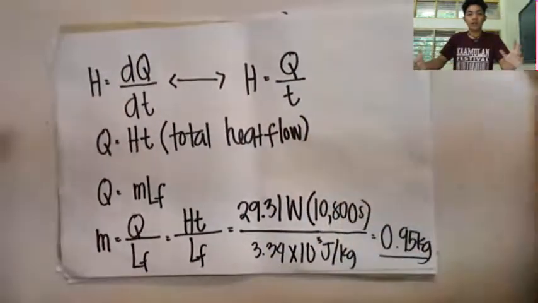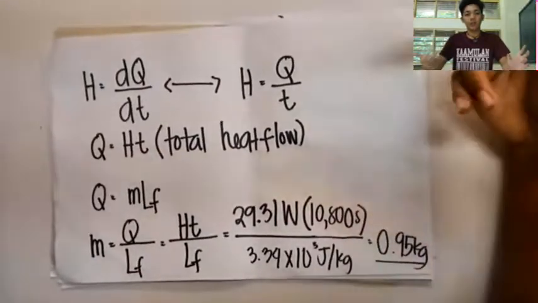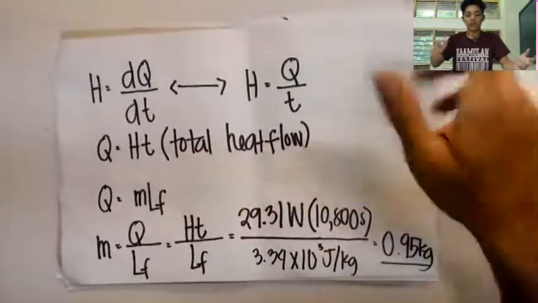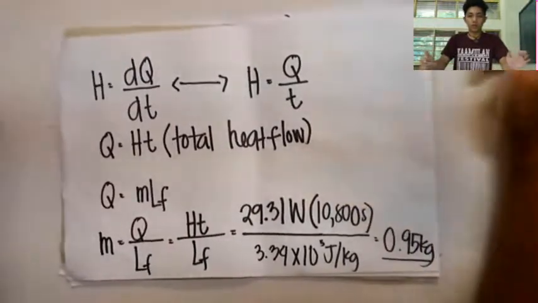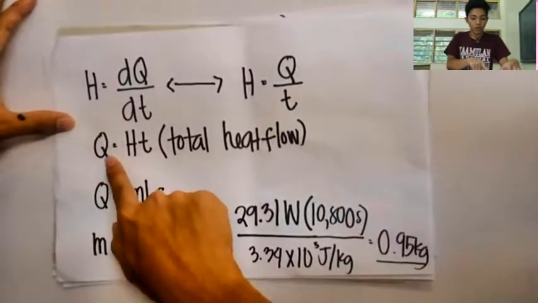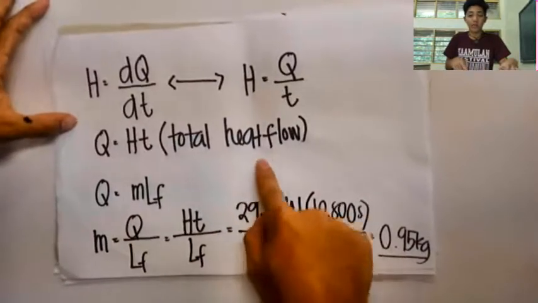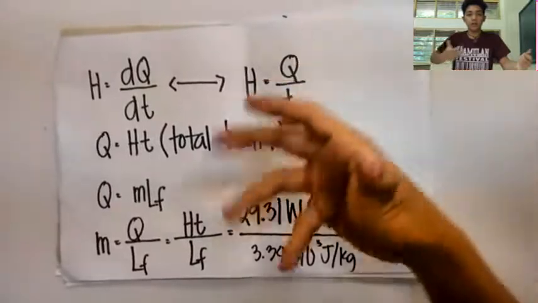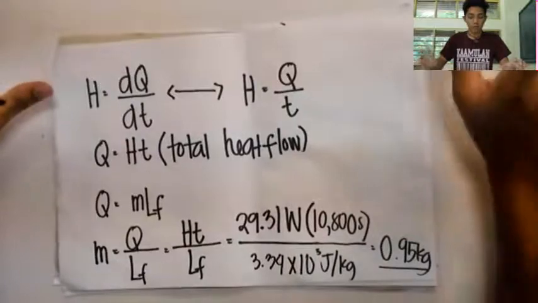Q is the total heat flow, so we can rewrite this as Q is equal to Ht, the formula for finding the total heat flow, all the heat that flowed into the styrofoam.